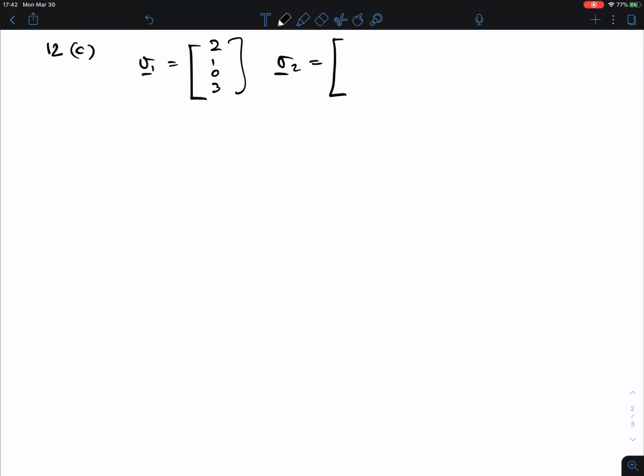These are now 4 vectors in 4-dimensional space. 3, minus 1, 5, 2. Sorry, what is that for a symbol? And V3 is minus 1, 0, 2, 1.